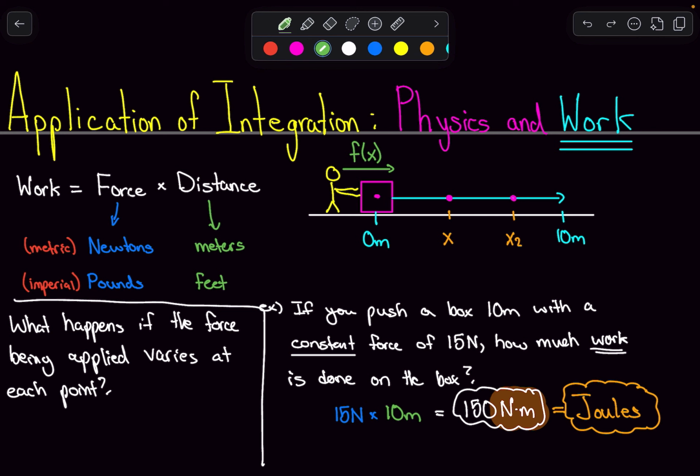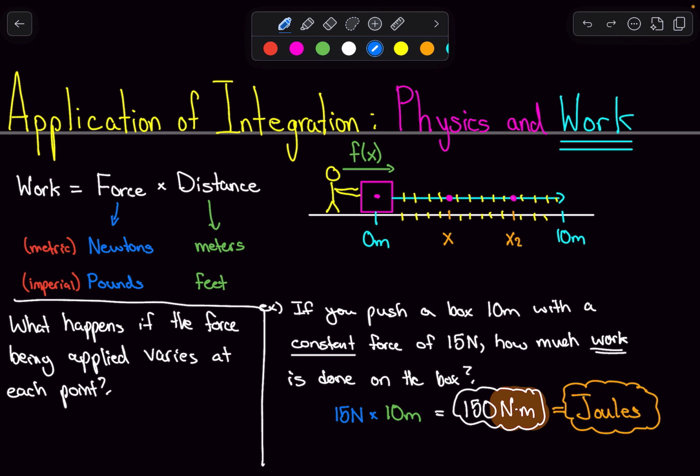I have to consider calculating all the little tiny works that are required for every single x value here. I cut up my interval into infinitely many tiny pieces, and I say, okay, in this little interval, how much energy do I need? In this little interval, how much energy do I need? And we're going to add all of that up.